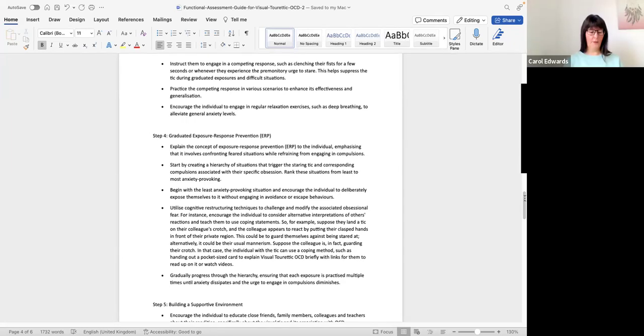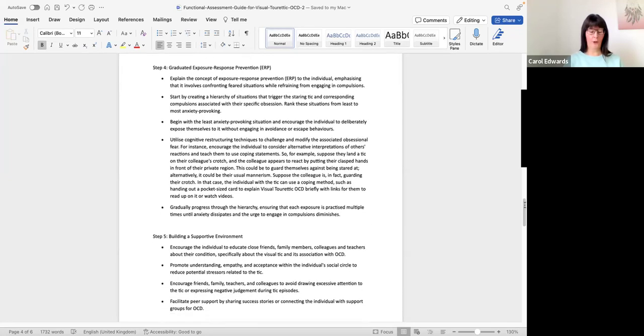So now we've got graduated exposure response prevention, ERP for short. Explain the concept of ERP to the individual, emphasizing that it involves confronting feared situations while refraining from engaging in compulsions. Start by creating a hierarchy of situations that trigger the staring tic and corresponding compulsions associated with their specific obsession.